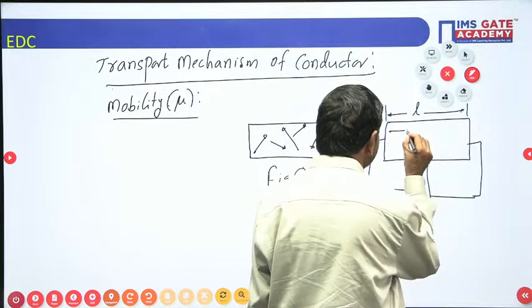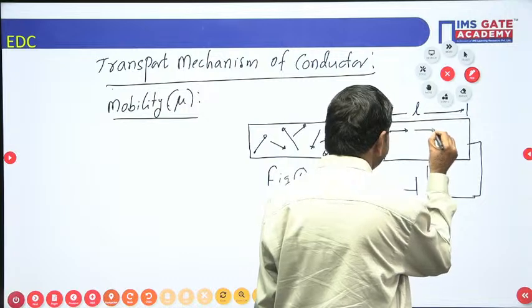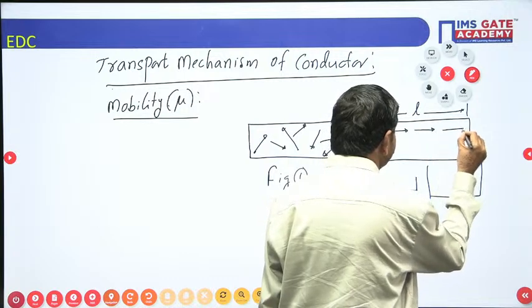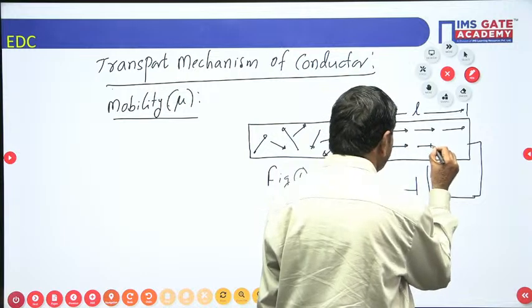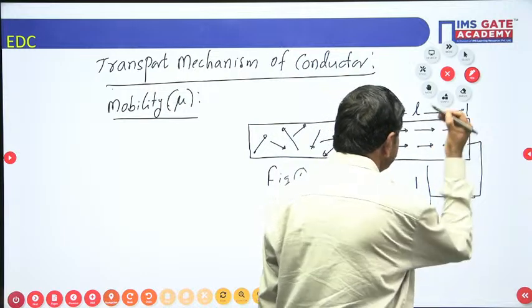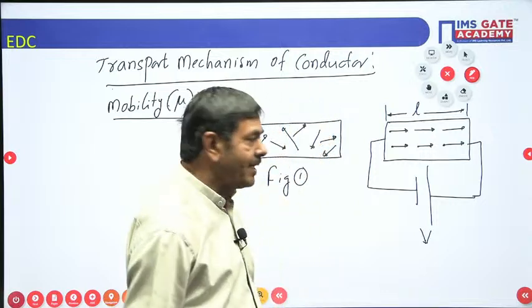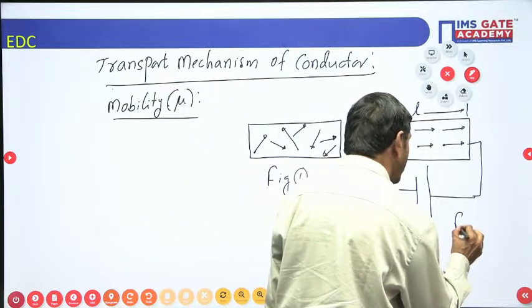All the electrons will have motion in a uniform direction. Like that, they are going to move when the supply is connected. This is figure 2.